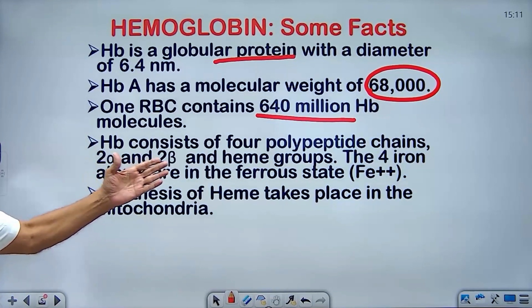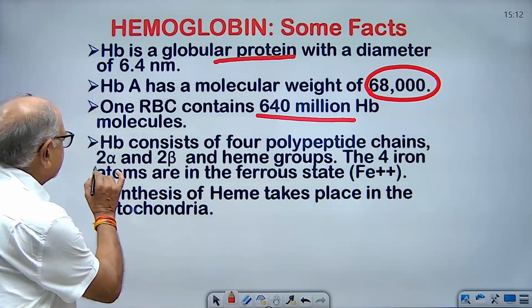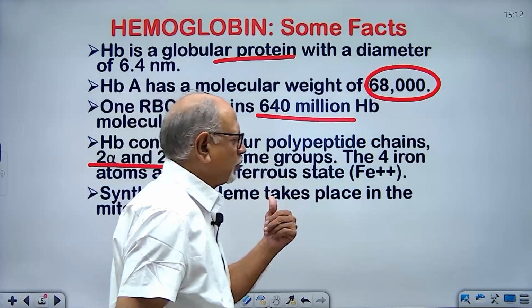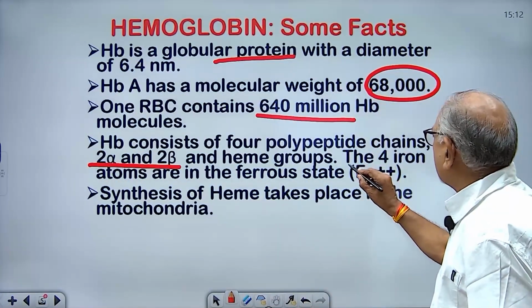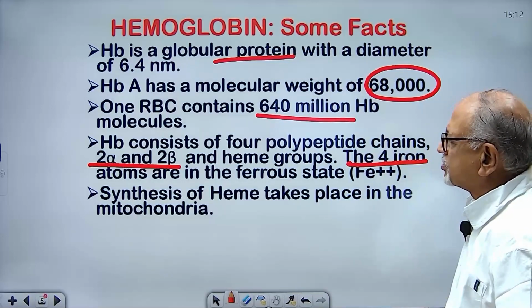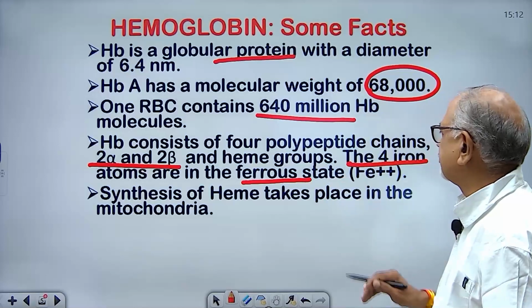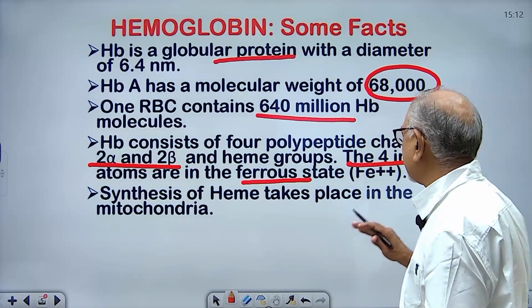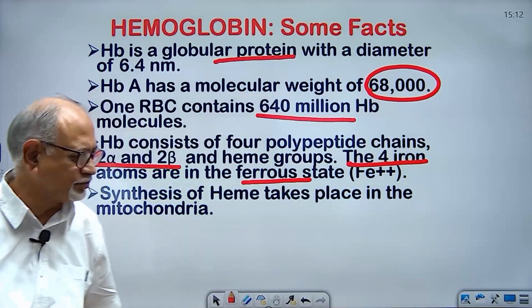Hemoglobin consists of 4 polypeptide chains, 2 alpha chains and 2 beta chains and heme groups. The 4 iron atoms are in the ferrous state, that is Fe2 plus. Synthesis of heme takes place in the mitochondria.